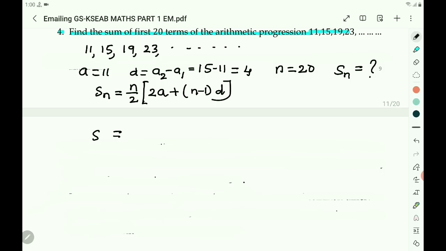S20: here n equals 20, so 20 by 2 into 2a, which is 2 into 11, plus n minus 1, which is 20 minus 1, into d, which is 4.